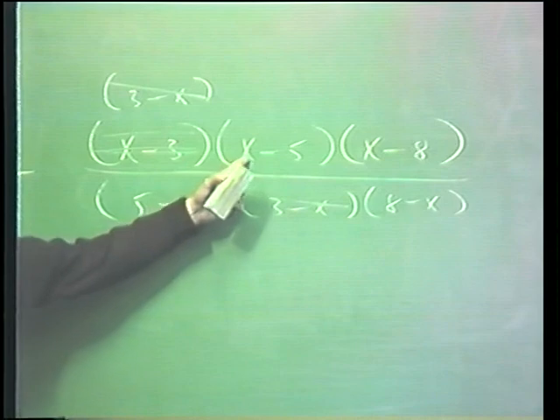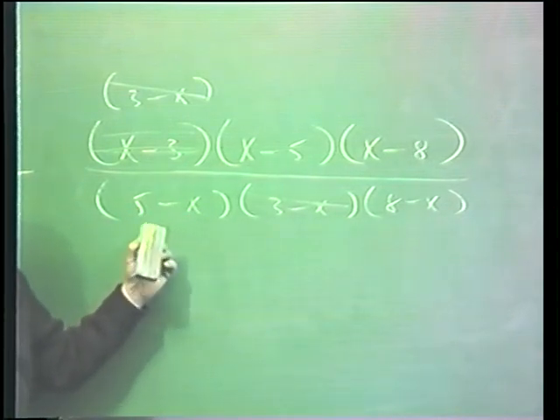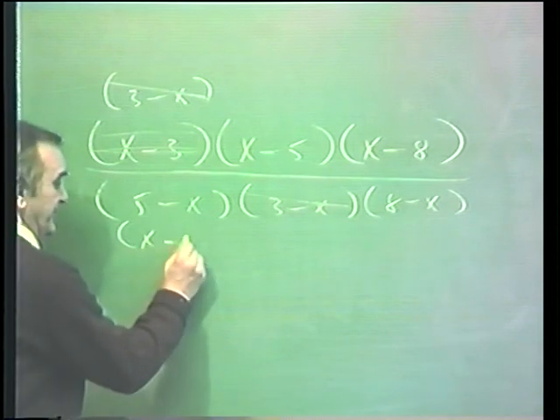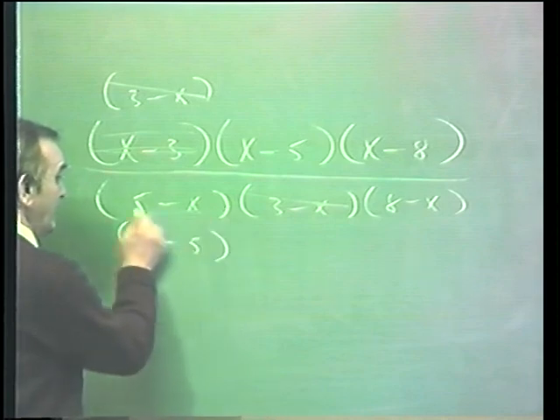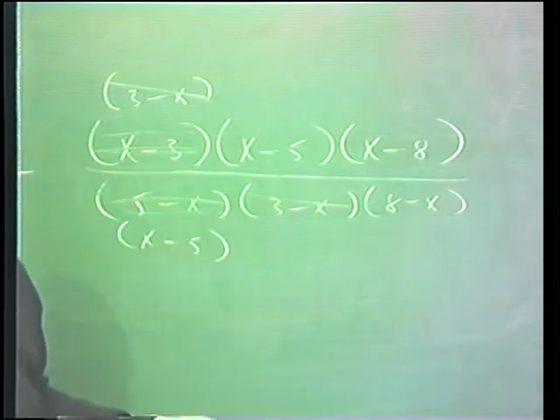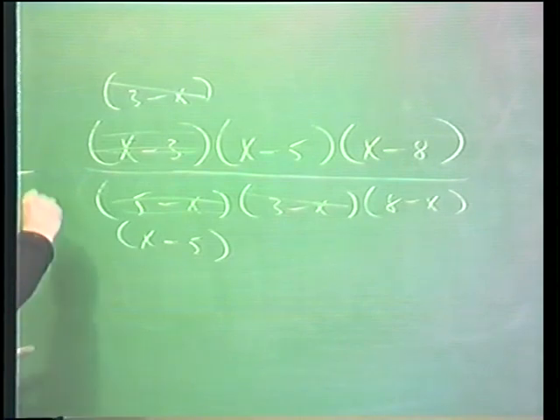Again, I have an x minus 5 and a 5 minus x. I can reverse their order as long as I change the sign. So now this becomes positive.